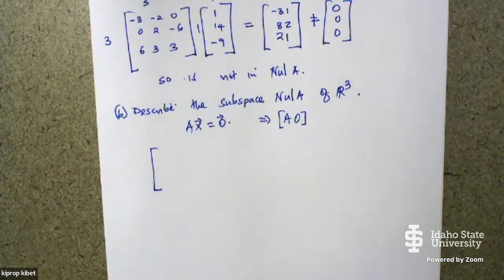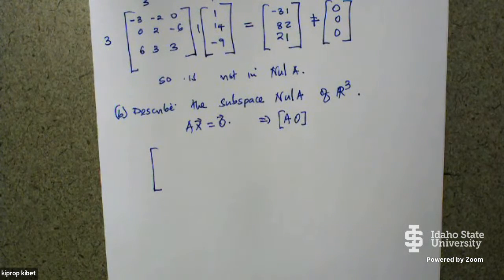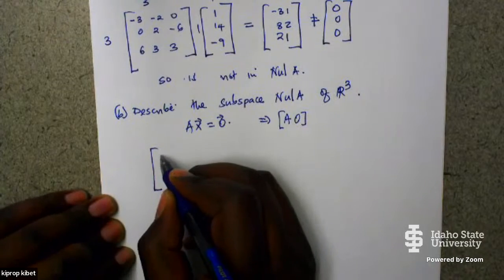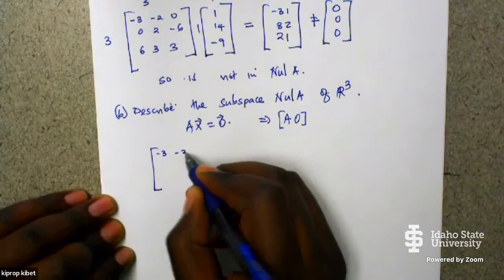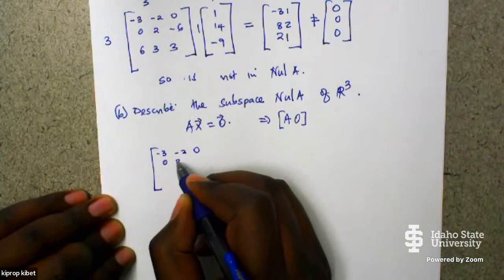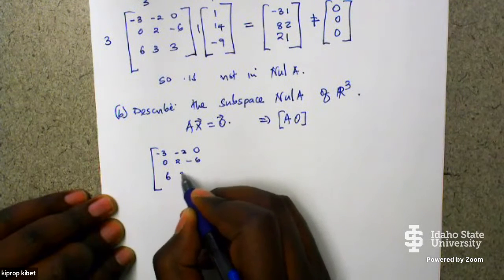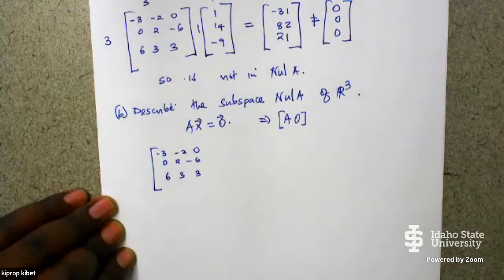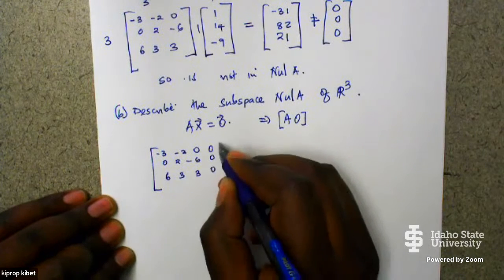Then you reduce this completely to get the solution of X. That solution of X is actually the null space of A. So -3, -2, 0, and then 0, 2, -6, 6, 3, and 3 there, and then we add our zeros here.